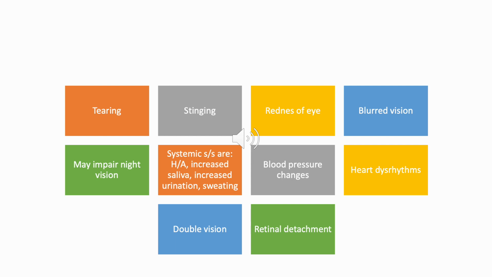The adverse reactions are most common with systemic absorption of the drug. Examples include changes in blood pressure and abnormal heart rhythms. Other adverse effects include double vision and retinal detachment.